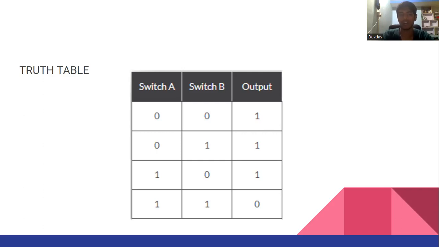That's the reason we call it NAND, not AND. Again, for 0 and 1, the output should be 0, but the output is the complement of 0, which is 1. And in the final case, 1 and 1, the result should be 1, but we get the complement of 1, which is 0.